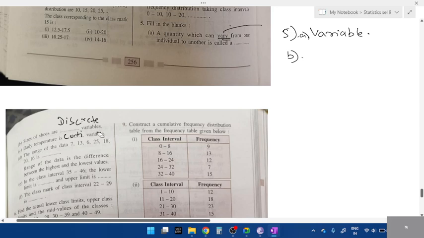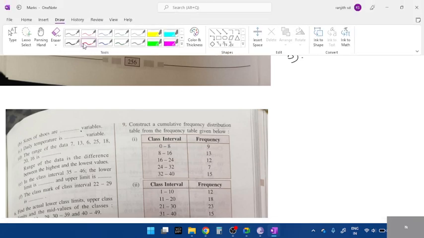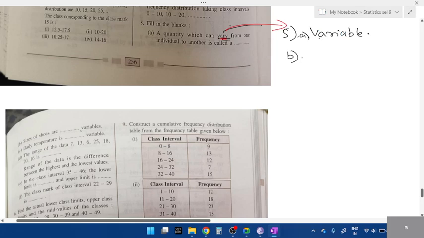To make a note, answer C is a continuous variable. A quantity which keeps varying, whichever varies, what do you call it? Just a variable. 5A is just variable, 5B is discrete, right?